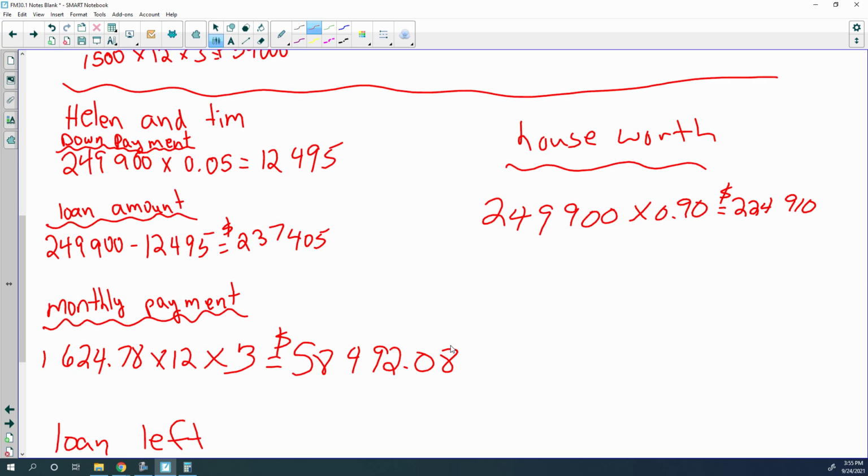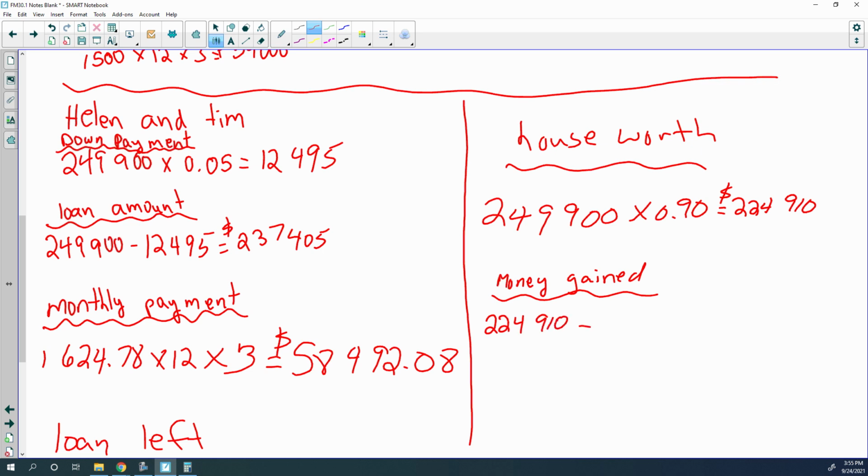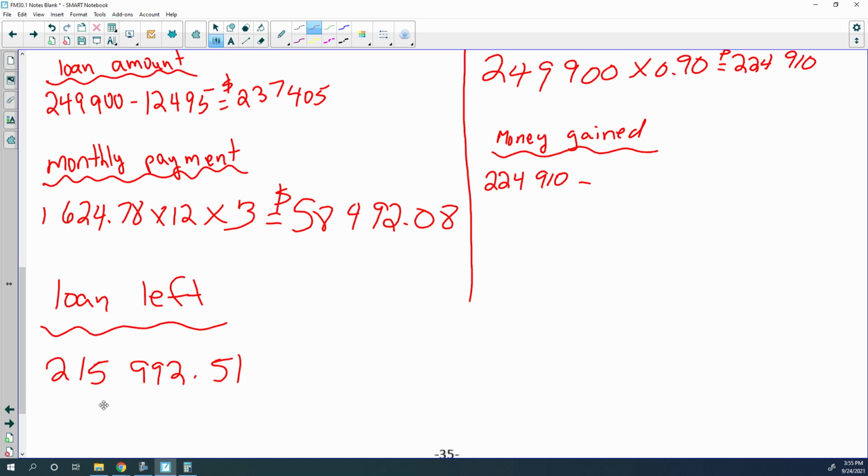So the money that they gained for selling their house, I'm going to take what it's worth, the $224,910 minus what's still left on the loan, the $215,992.51. And what's left over is the money that they're actually getting back. So this is what they're gaining.